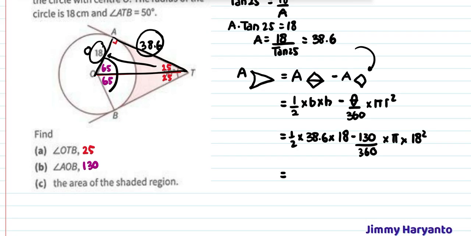And then just use your calculator. Oh, my bad, I forgot to times this one by 2, guys. 2 times, yeah, because there are two triangles. So the final answer is 327 in 3 significant figures.